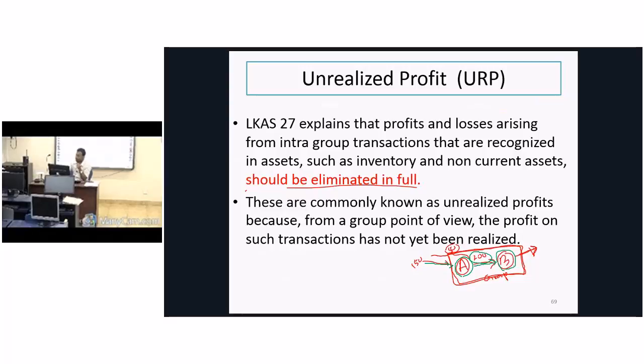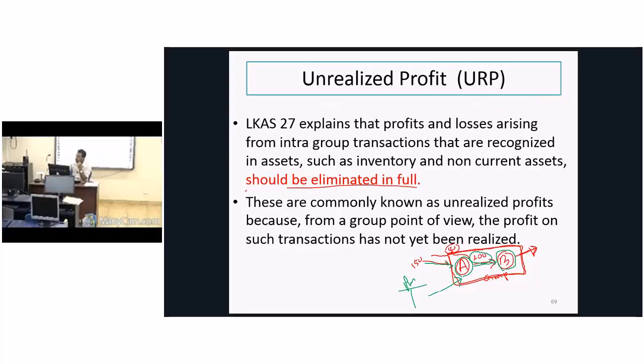When they buy something, how will A record this? Purchase account debit and cash account credit. Then entity A will sell the same 150 worth of goods, by adding 50 margin, 50 profit, to entity B inside the group, right?